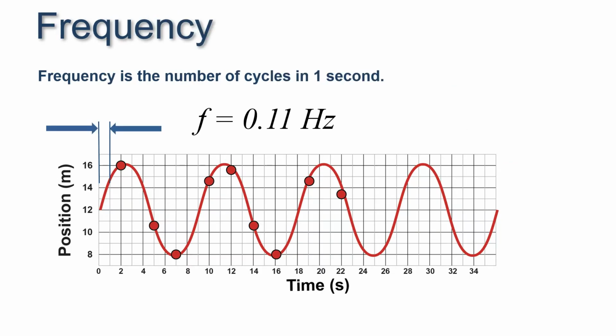Now the frequency, and let me show you how you calculate this. Remember that T equals 1 over F, and then if you do a little bit of algebra, we get that the frequency is equal to 1 over T, which is equal to 1 over 9 seconds. Then anybody remember how I figure out the hertz? What do I do with the top number and the bottom number? Yeah, I just got to divide it.